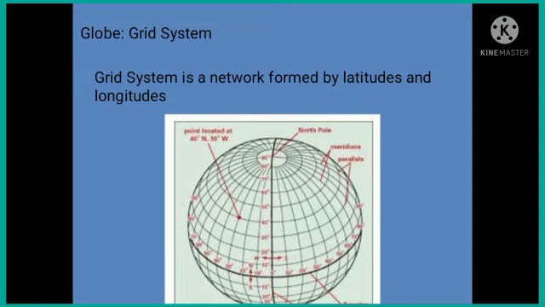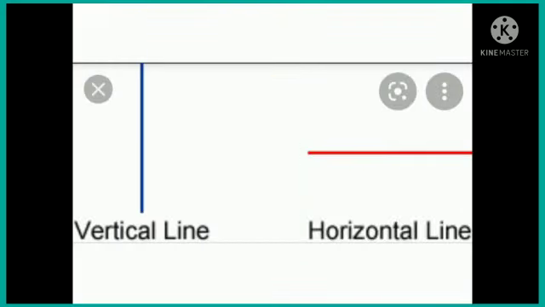You have seen two types of lines here. Some lines are drawn from north to south and some are drawn from east to west. So some lines are vertical lines and some lines are horizontal lines. Vertical lines on a globe are known as longitudes, and horizontal lines are known as latitudes.